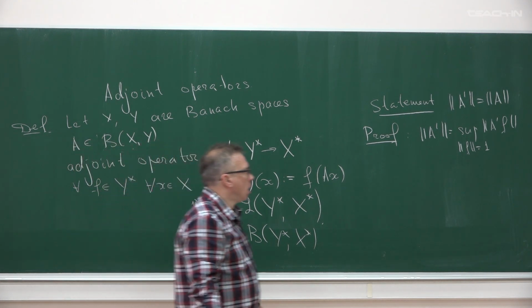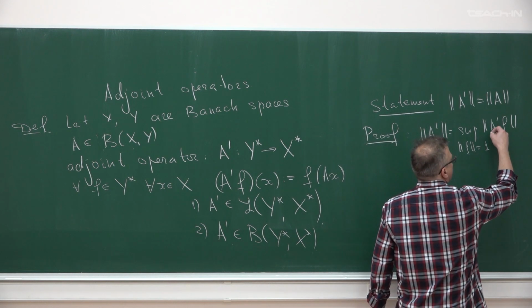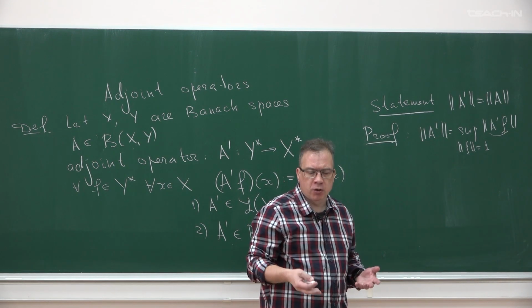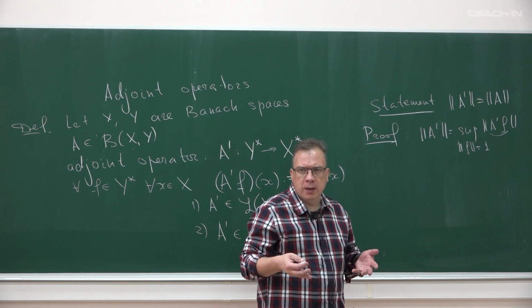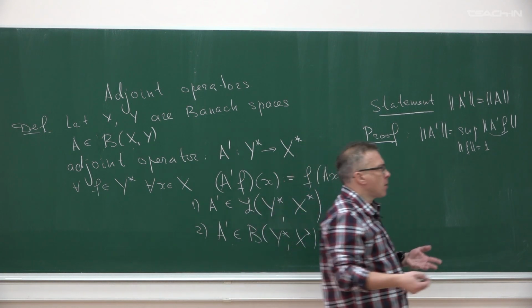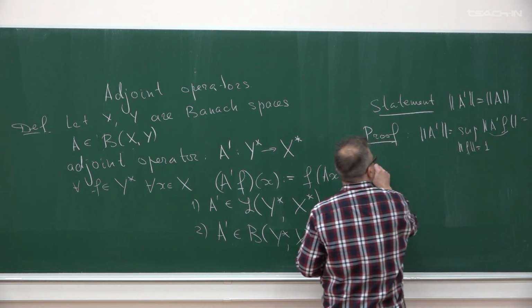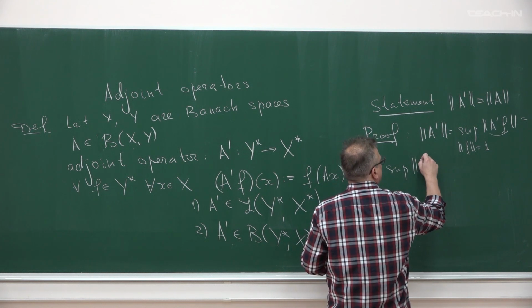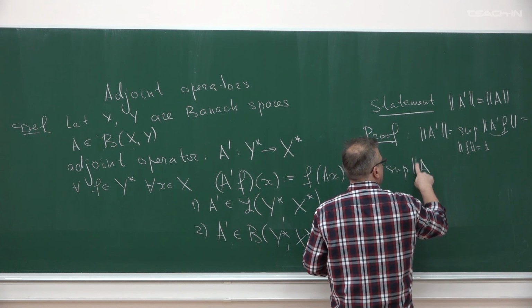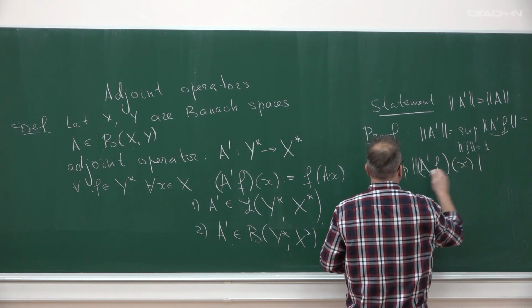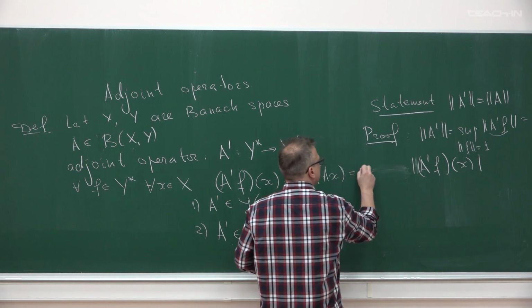So this is a functional, and we define the norm of the functional as follows, and we have two supremums.